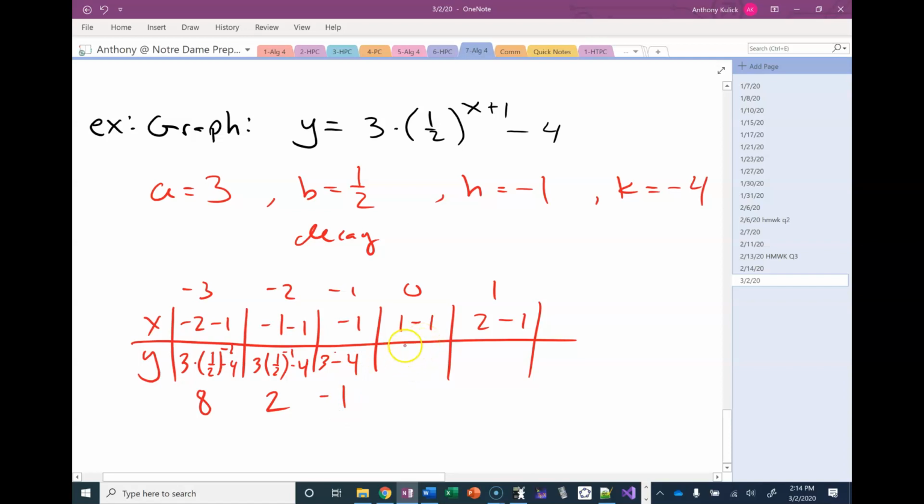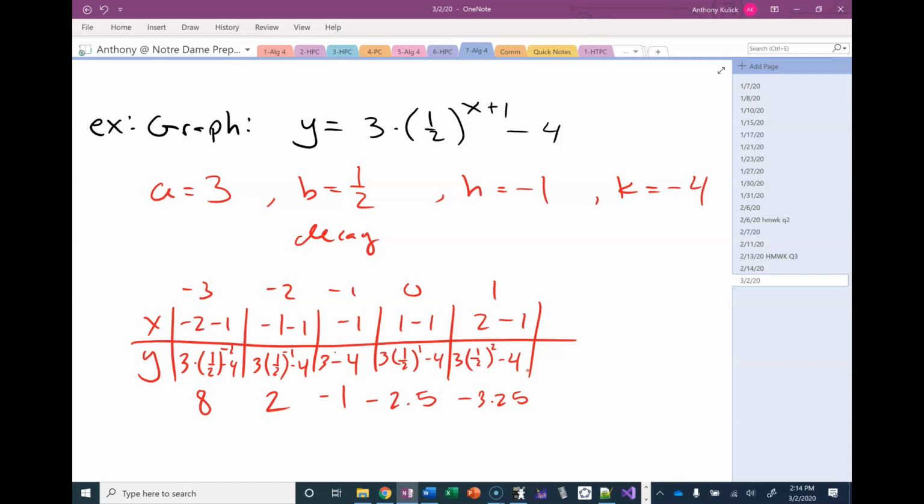It's -1. I have a to the +1 minus 4. That's -2.5. And then ab squared minus, or plus k gives me -3.25. And again, if you can't do those in your head, just type into your calculator exactly as it looks. Everybody's okay with that?